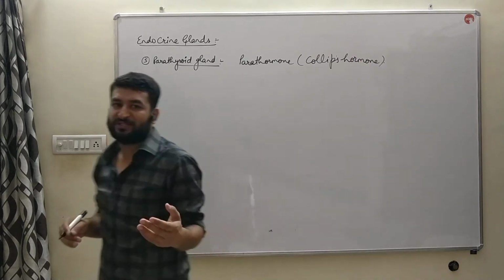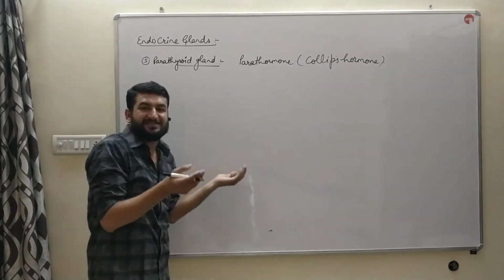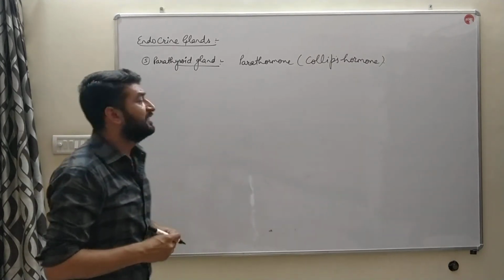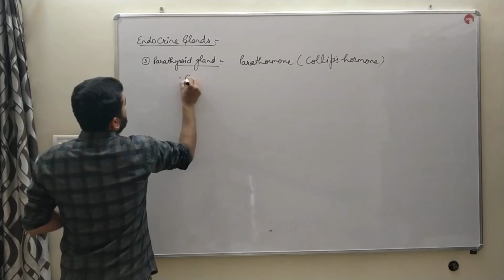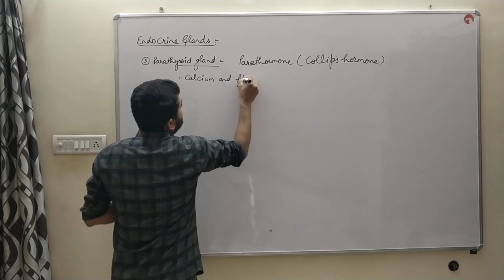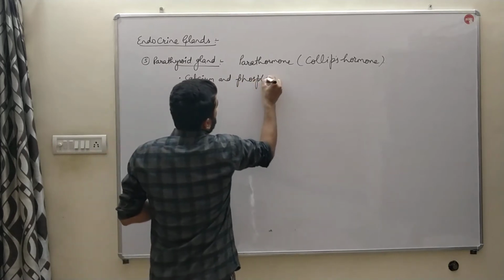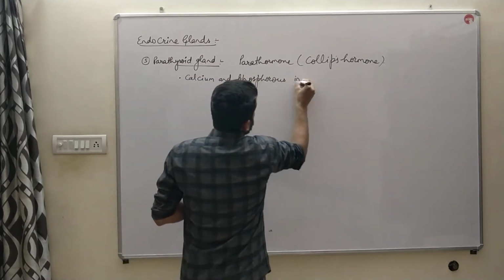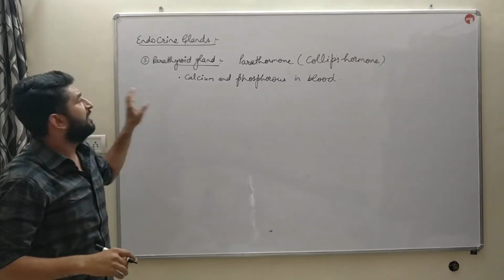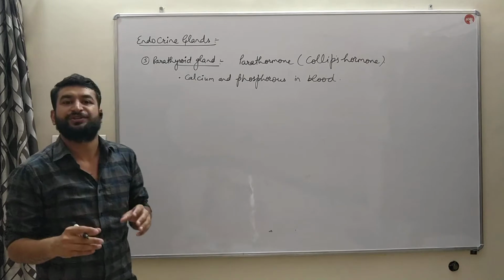Collip was the name of the scientist who discovered it, and on the name of the scientist itself, it is referred to as Collip's hormone. This hormone controls the calcium and phosphorus level or balance in blood. So this is the function of parathyroid gland and the hormone secreted by it.